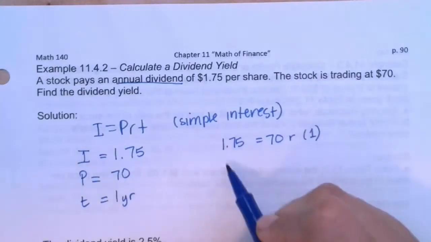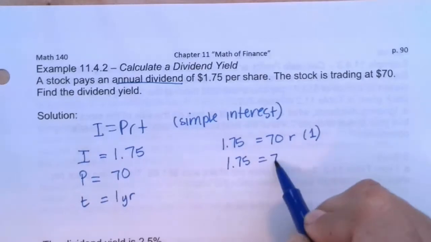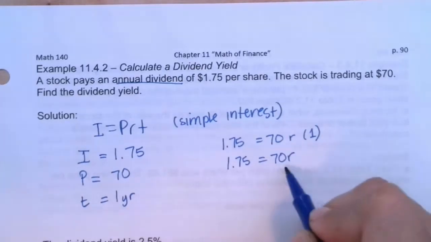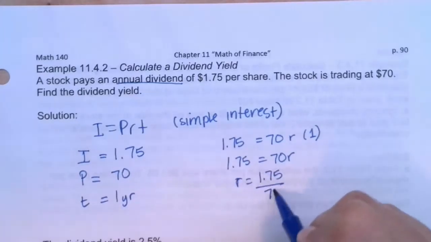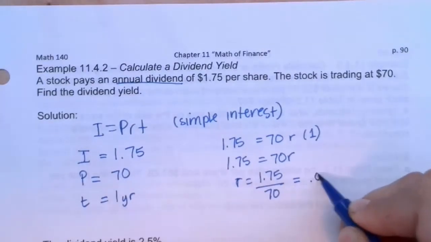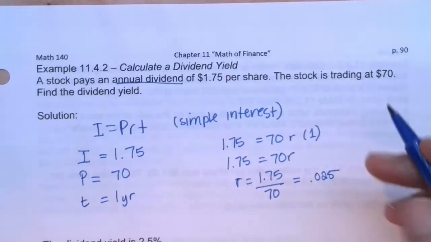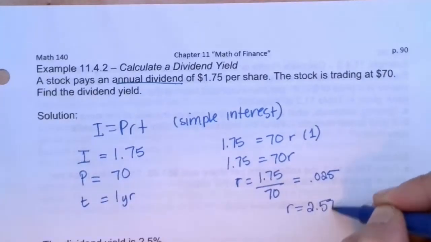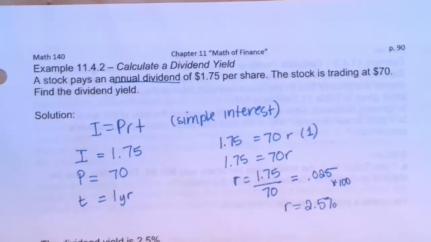When we calculate 70 times 1, we get 1.75 equals 70R. Dividing by 70, R would be 1.75 divided by 70, which gets us 0.025. Remember, this is a rate, so we want to write it as a percentage. So we get 2.5% because we multiply that by 100 to convert it to a percent.